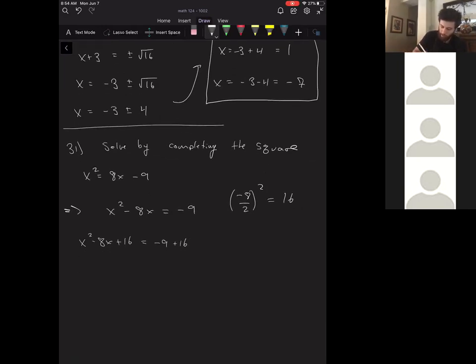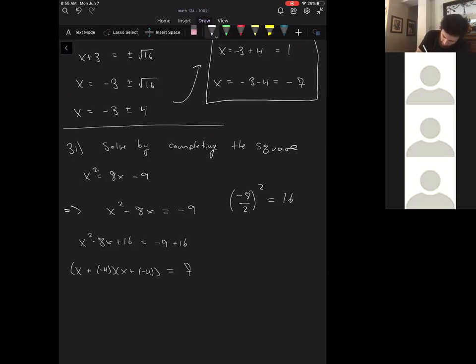And now we can factor the left-hand side. So again, we'll have an x plus something, x plus something, is going to be equal to minus 9 plus 16, which is 7. So what are the numbers that complete the factoring step? What are the numbers that multiply up to 16 but add to minus 8? That's going to be minus 4 and minus 4. So we know minus 4 times minus 4 is positive 16, but minus 4 plus minus 4 is going to be minus 8.